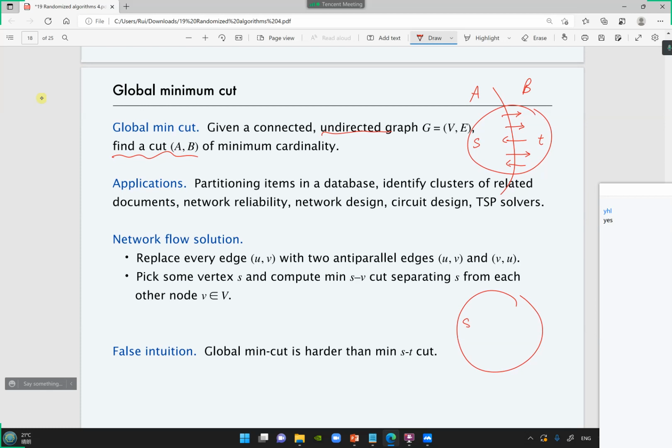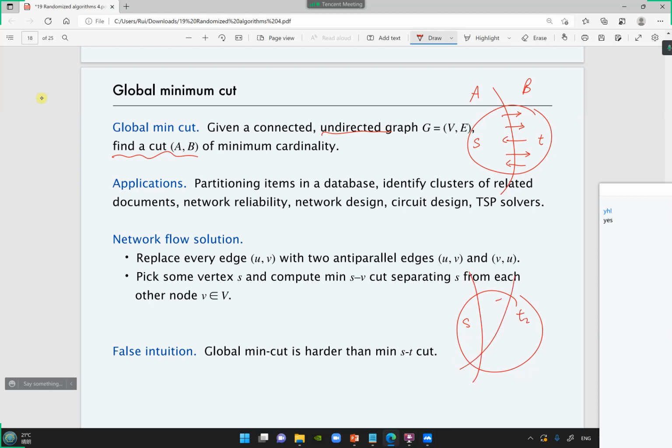Then from this S node, you can try to separate it from all possible T nodes. You can pick a node T1 here and find the minimum S to T1 cut. Then you can try a different node, let's say T2, and find a different cut.